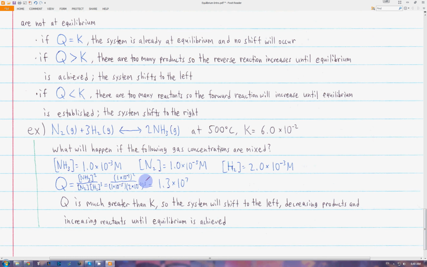And so we get that the reaction quotient is much larger than the actual value of K. And so that means there are too many products, and the system will shift to the left, producing more reactants while consuming products until the equilibrium is established, and this ratio will equal K.